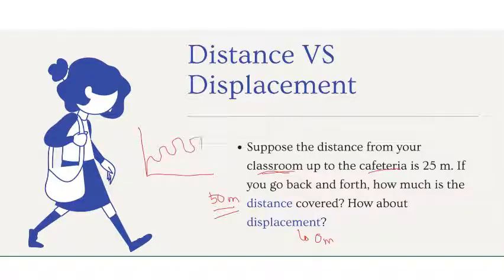Kung saan-saan ka pumunta, di ba? But your displacement will always be a straight line from your initial point to your final point. So, this is your displacement. Yung mga distances mo pwedeng divided into segments, depende rin sa pinuntahan mo. So, in problem solving, napakadali lang siya. But for displacement, it's always your distance from your initial point to your final point. Okay? So, I hope that's clear.